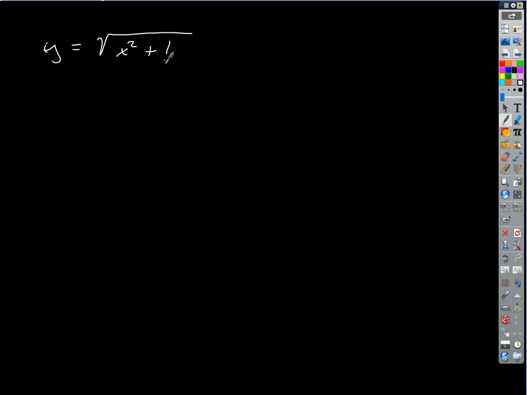First of all, we have to write this in a way where we can see all the layers. So we probably want to rewrite that square root in a way that we understand how to differentiate. What's that going to be? Well, 1/2 power. We have to make it a power rule thing. So we could write this as the quantity x squared plus 1 to the 1/2.